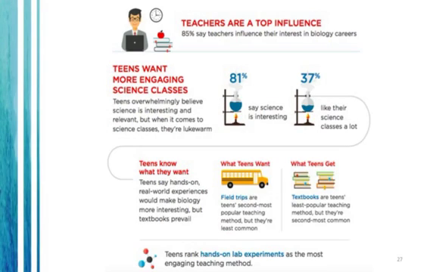Now this slide shows some research that was done with teenagers and helping teens become more engaged in science classes. A lot of teens, 81% in this survey, say that they found science interesting, but only 37% of them thought that their science classes were interesting.